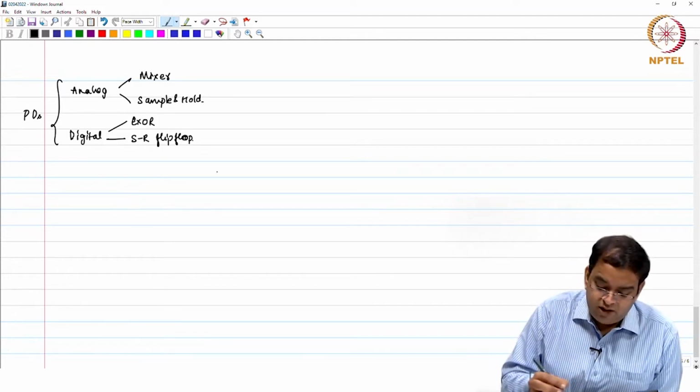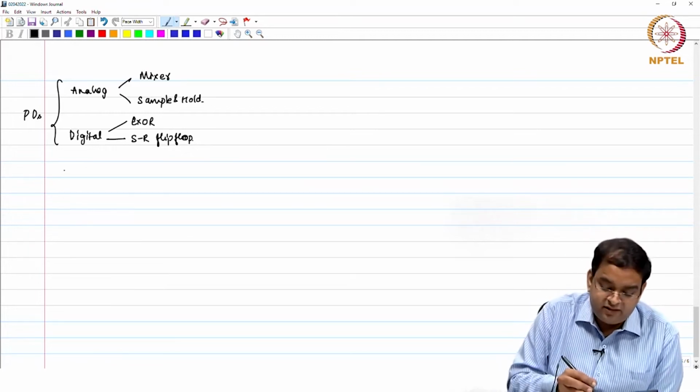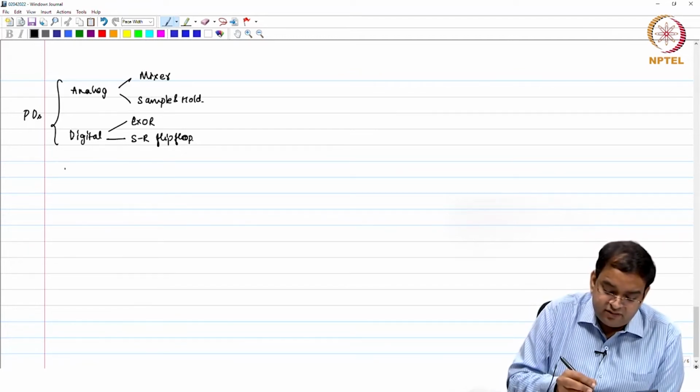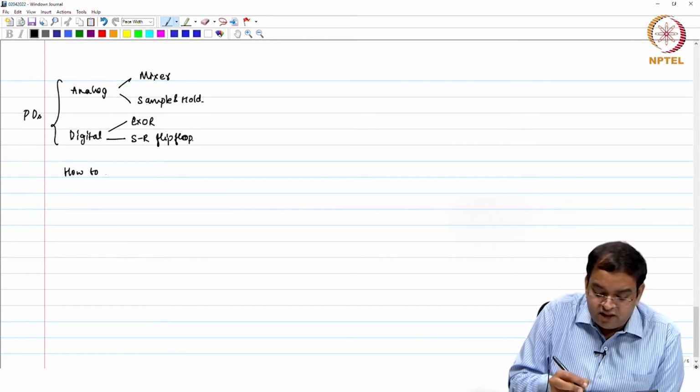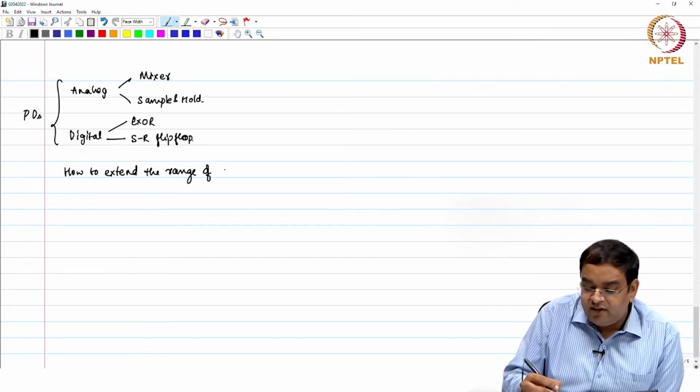So, what can we do if we would like to extend the range of the phase error detector? The question which you need to ask is how to extend the range of PDs.